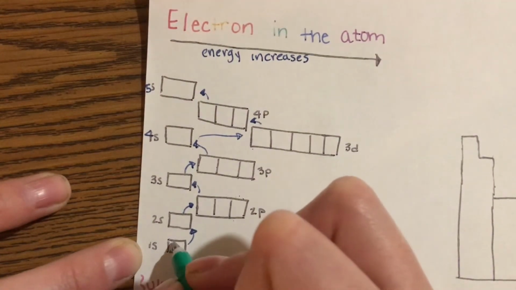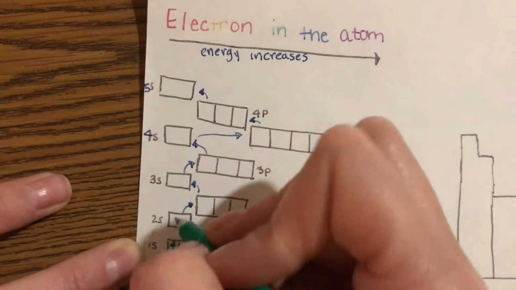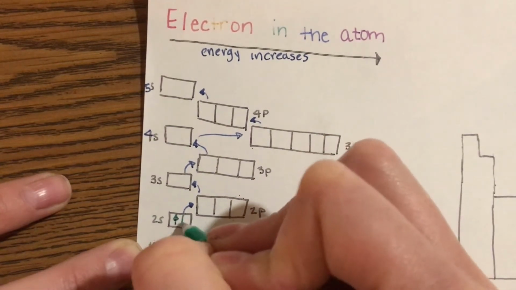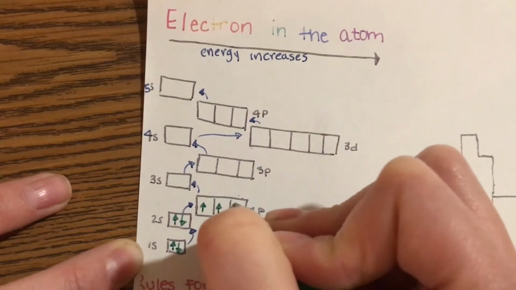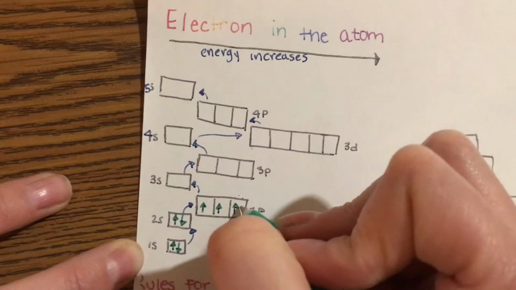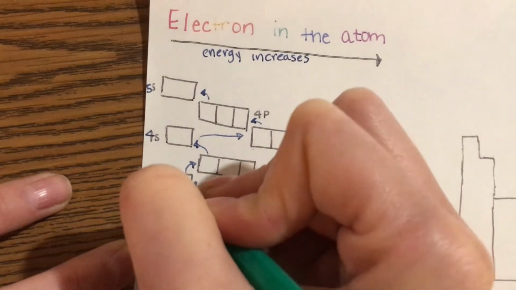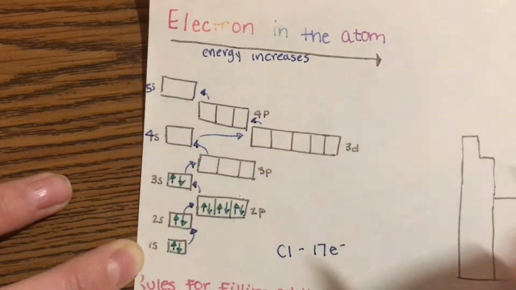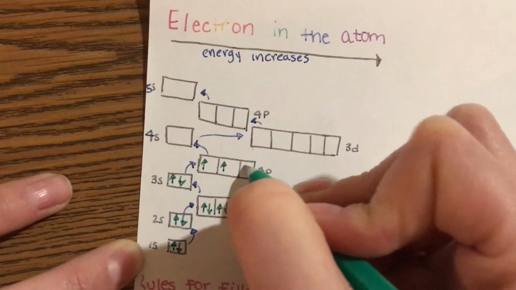I'd put one arrow up, one arrow down, because remember they always had to have opposite spins. Go to 2s, then go to 2p, so you fill each of the boxes first before you double them up. Then I'm going to go to 3s, go to 3p, I'm going to fill each of them first before I double up.